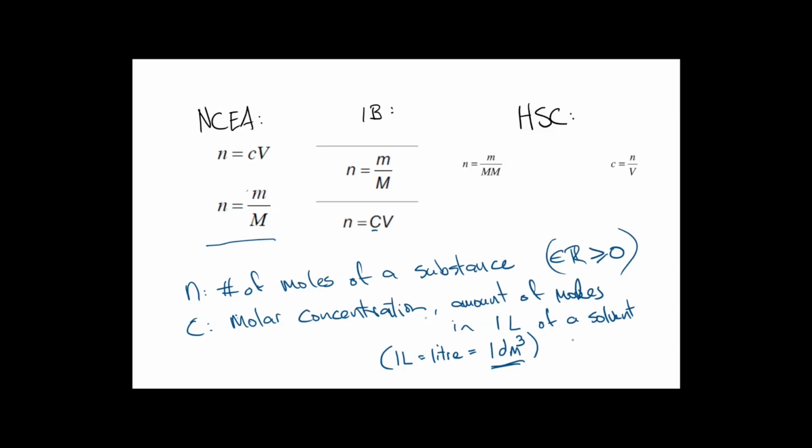So deci means 1/10, so that would mean 10 centimeters by 10 centimeters by 10 centimeters, which is going to be 1,000 cubic centimeters. Sorry, not one cubic centimeter, 1,000 cubic centimeters, or 1,000 mils. Okay, so 1 liter is equal to 1 decimeter cubed. IB seemed to be quite hung up on that.